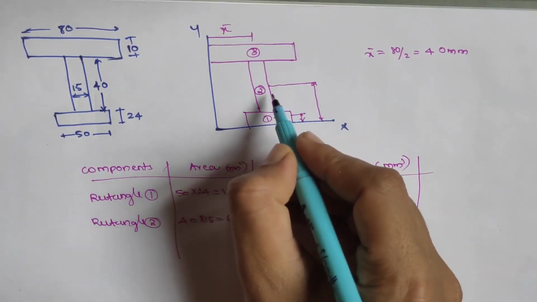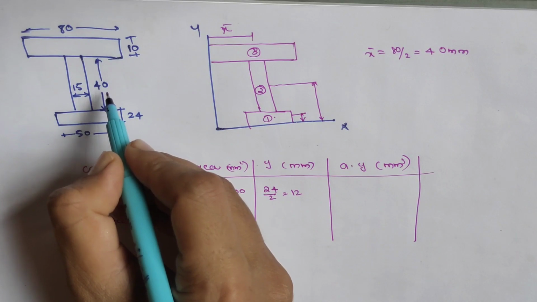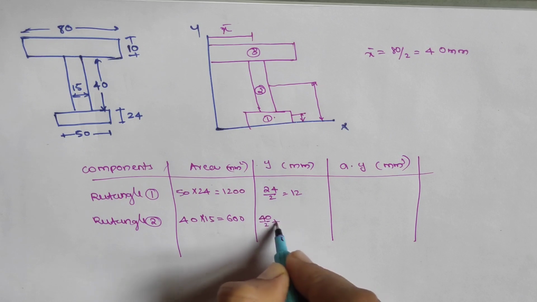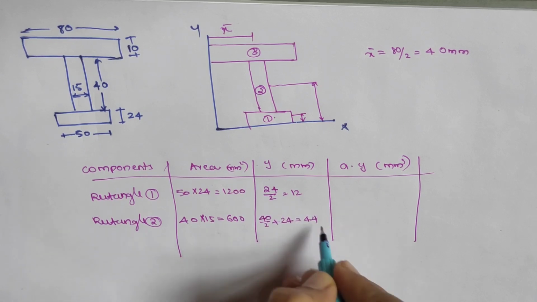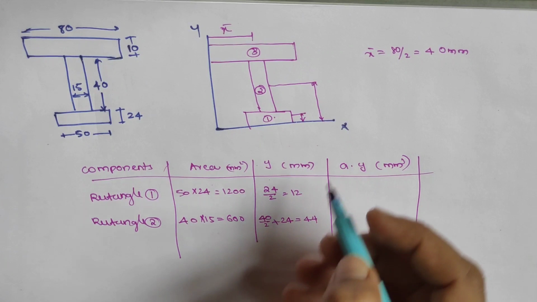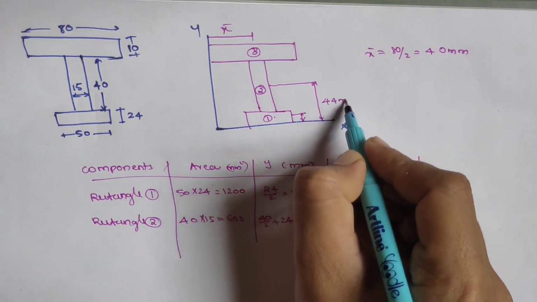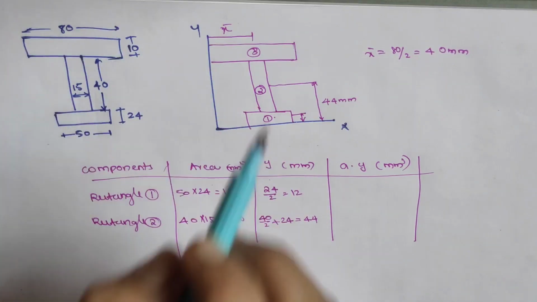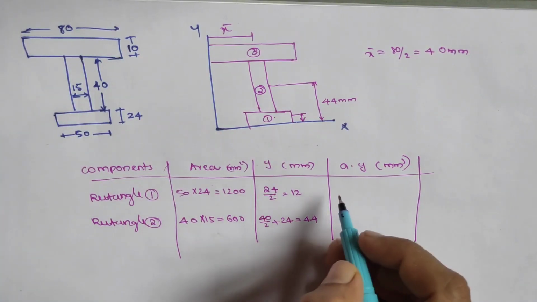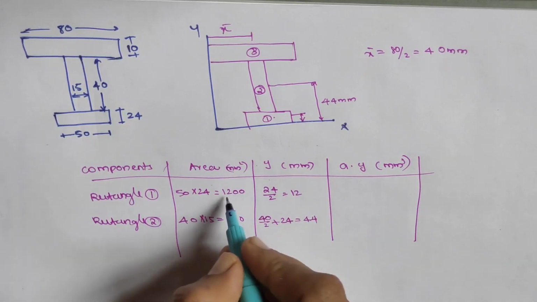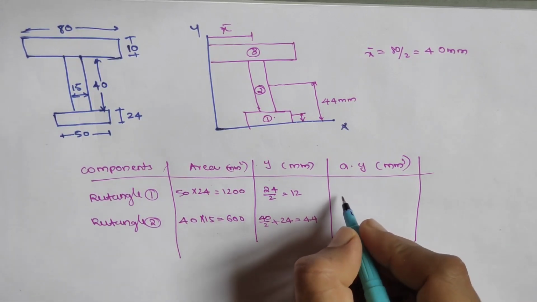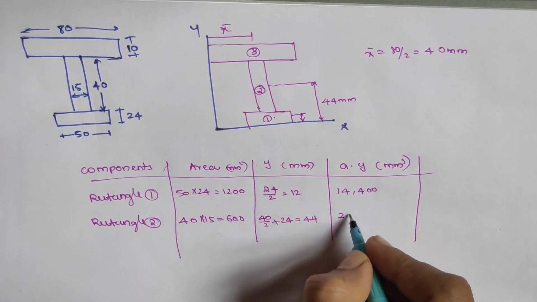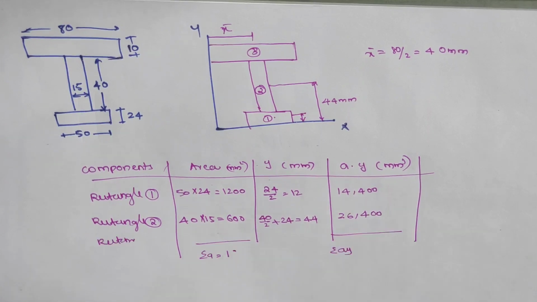The y value will be half of this rectangle, 40 divided by 2 plus 24, that will be 44 millimeter. All the dimensions are millimeter only, that's why I have not mentioned it anywhere. Now next is multiplication, area into y. 1200 into 12, that will be 14,400. This one will be 26,400.